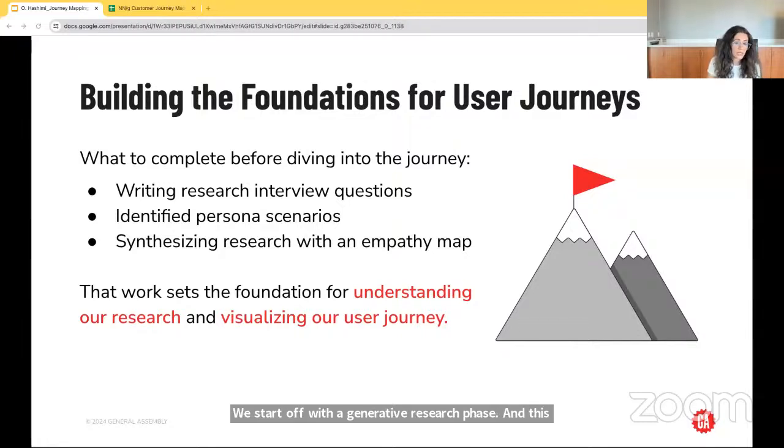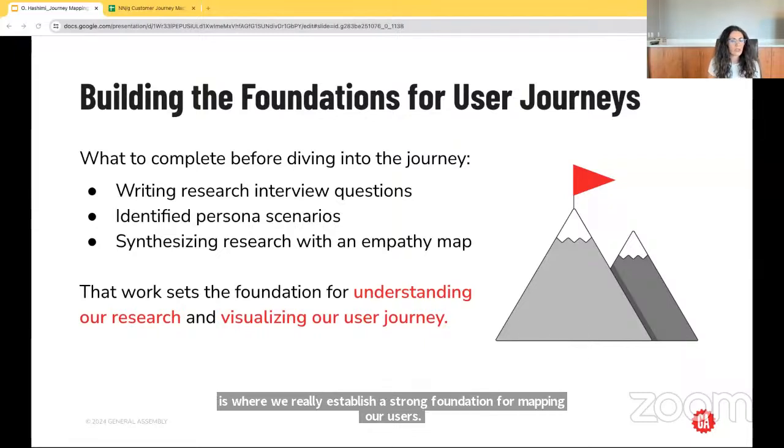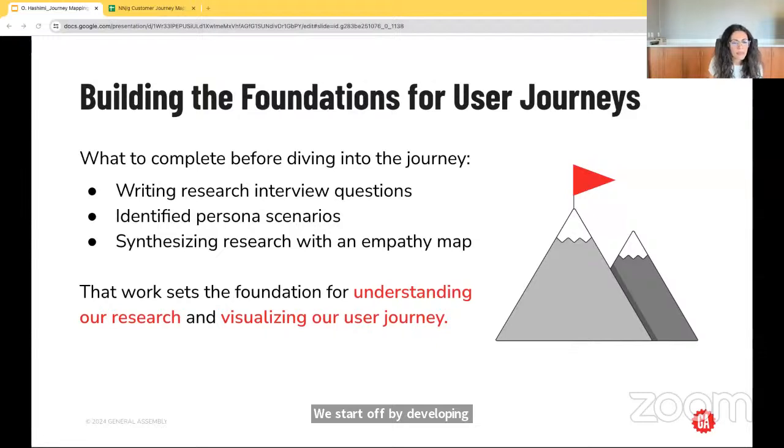mapping our users' journeys. We start off by developing interview questions. One of the many methods of research that we conduct are user interviews, and this is where we try to craft open-ended, insightful questions that really guide our research. The idea is that we are able to gather rich data about our target audience.